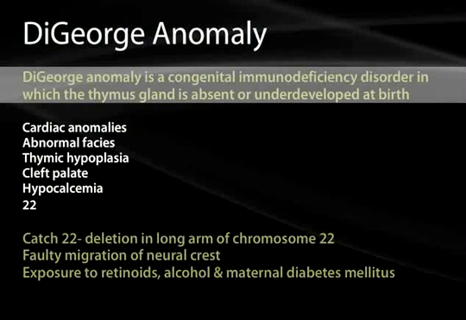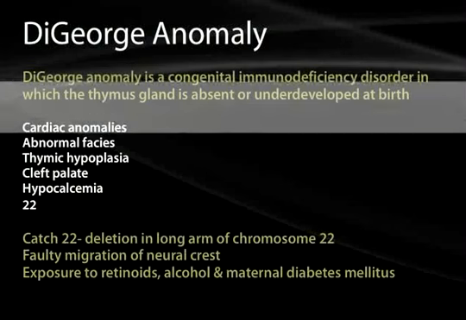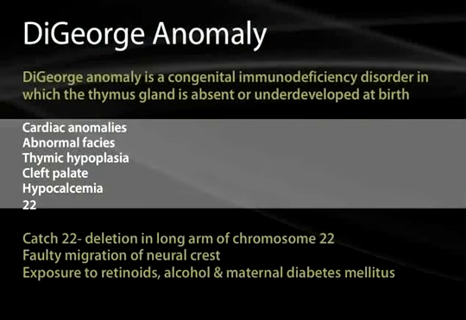With a DiGeorge anomaly, another developmental problem, there's an immunodeficiency disorder in which the thymus gland is going to be absent or underdeveloped. And again, this is maybe a result of faulty neural crest migration. The thing you want to remember about DiGeorge syndrome is that there's a mnemonic to help you remember what it does called CATCH22.